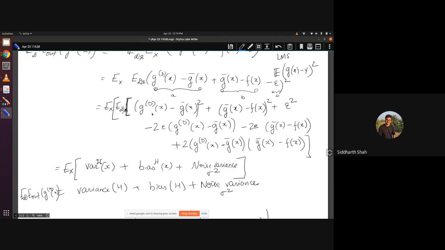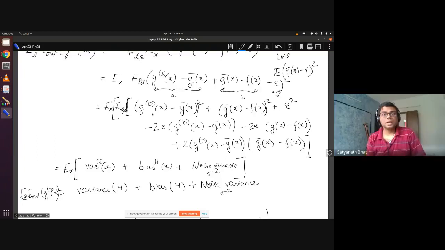Sir, but GD isn't the average of all, GD is just the best one, right? Yeah, but that is coming from my bag. So it's either W transpose X if it is linear. If it is SVM, it may have some high dimensional kernel and all those things. So it is basically something from my bag. My bag controls what GD it can learn. My learning algorithm and the bag together will control it.